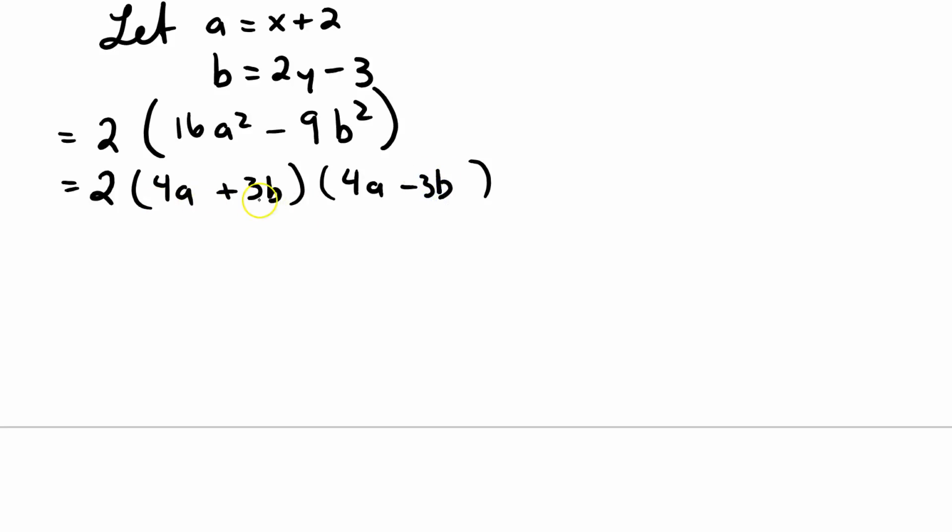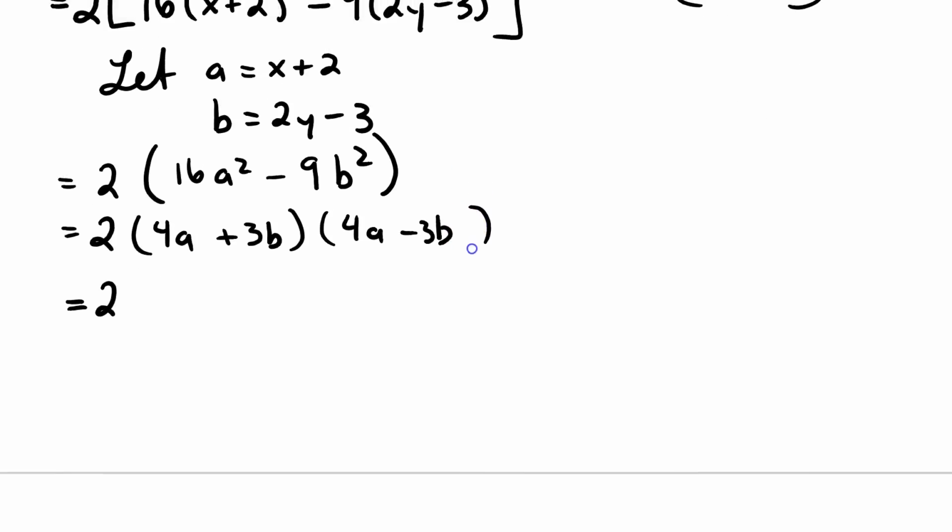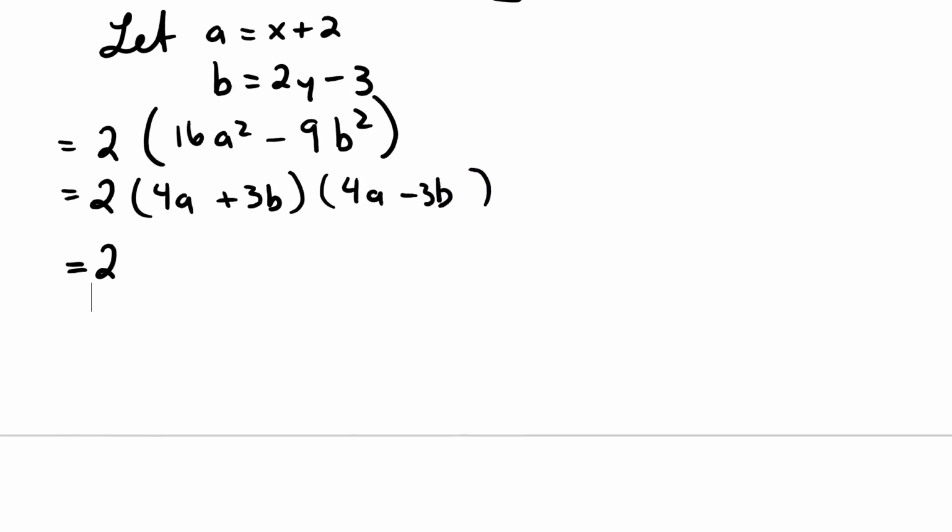Now we want to substitute this back. It looks like we don't need those Alfred Hitchcock brackets anyway. 2 times 4a, but a is x plus 2, plus 3b, but b is 2y minus 3.